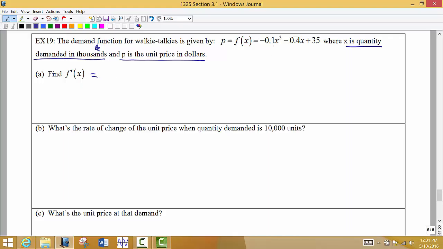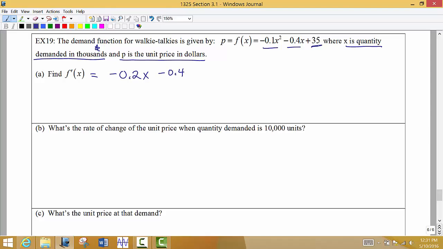We're going to use the power rule for each term individually. For the first term, using the power rule, I get 2 times negative 0.1, which gives me negative 0.2, and then reduce the power by 1, so I just get x to the power of 1. The next one is a pretty easy one. I just get the constant that's multiplied in front of x.